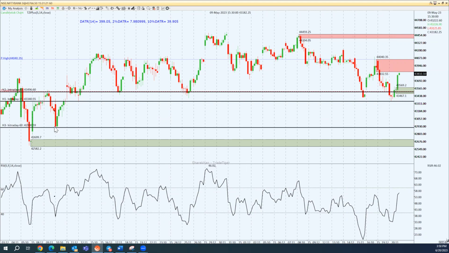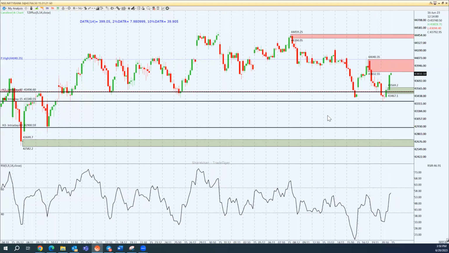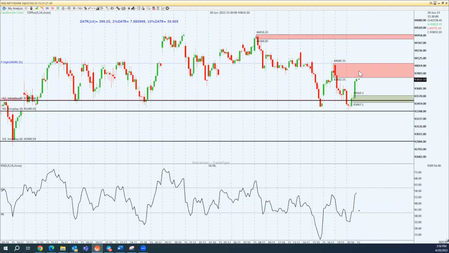This is one gap area. This is where the gap has started. Probably it may come here as the first target by falling 300-400 points from there. And again, if this breaks, it can go till 42,700 level as well. But for tomorrow, it could trap. Wait for Bank Nifty to come out of this range.